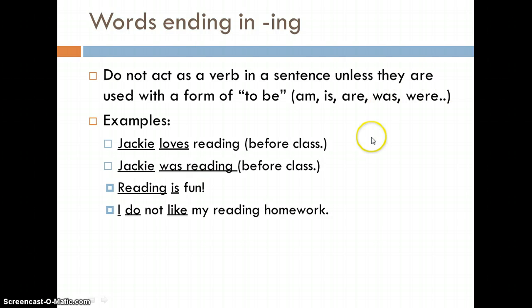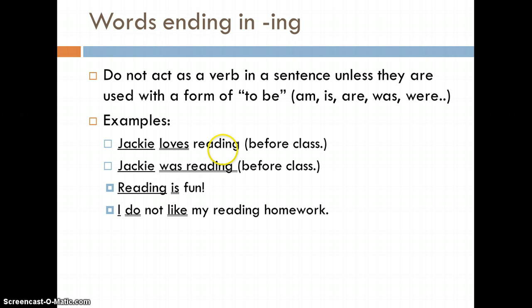So here are some examples. Jackie loves reading before class. Again, we'll start by identifying our prepositional phrase. In this case, it's before class. And then we look for a verb. What is our action here? Well, in this case, it's loves. Okay? It's not reading because reading is a gerund.